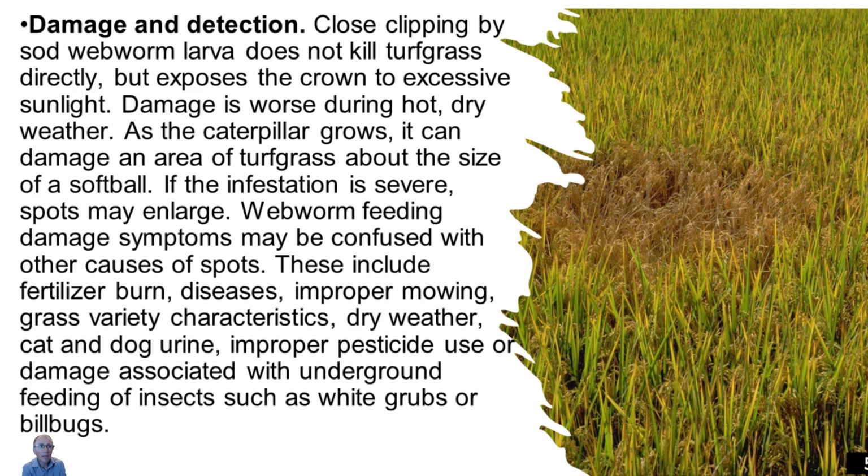Webworm feeding damage symptoms may be confused with other causes of spots. These include fertilizer burn, diseases, improper mowing, grass variety characteristics, dry weather, cat and dog urine, improper pesticide use, or damage associated with underground feeding of insects such as white grubs or billbugs.